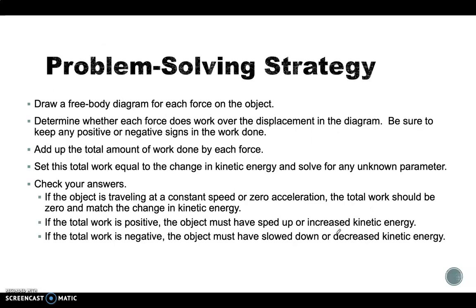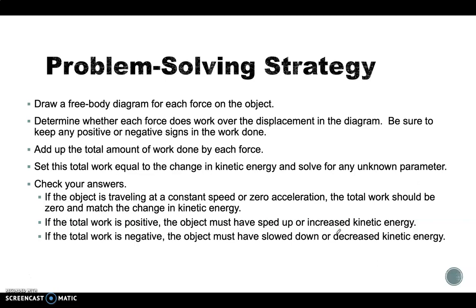All right. So I wanted to quickly go over a problem-solving strategy, which is in the textbook as well. The first thing you want to do, and this is what I've been saying about a lot of the different force problems that we have, is to first draw a free body diagram for each force on the object. This helps you understand what's going on in the problem and proceed from there. Okay? Determine whether each force does work over displacement in the diagram.